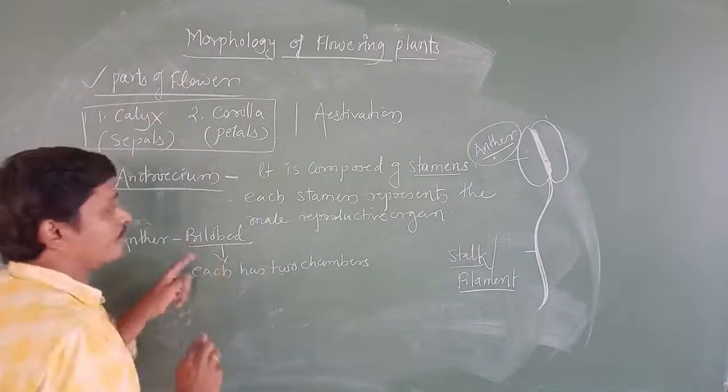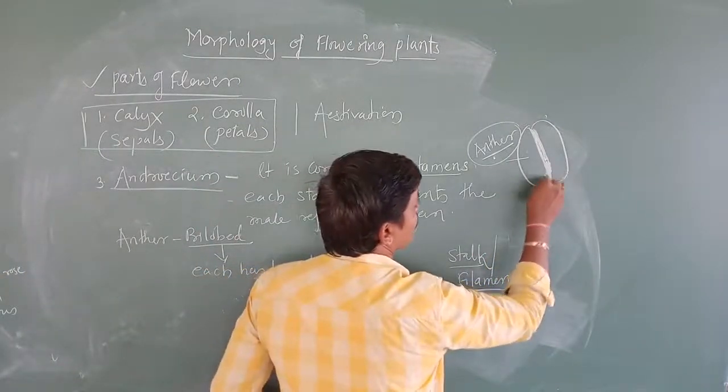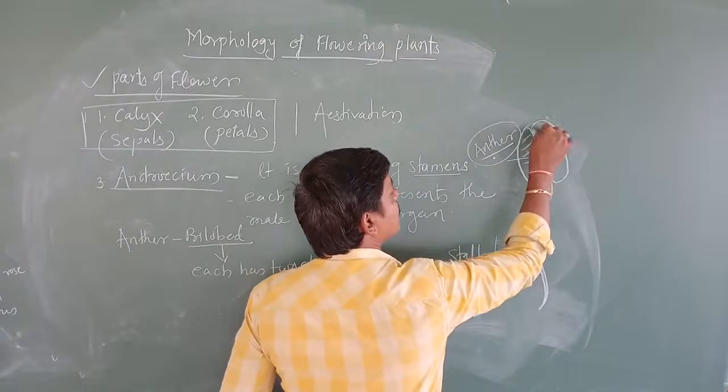In the sense of bilobed, this is one lobe and this one is the other lobe.